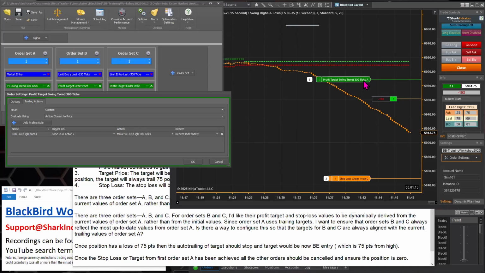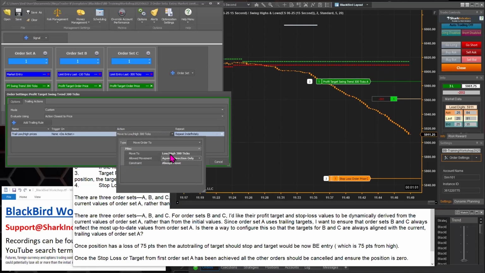are synced up. And again, these profit targets are guaranteed to be synced up because all of our trailing rolls are exactly the same, and the trailing rolls are just using bar prices, right? So obviously bar prices are the same for every profit target there.